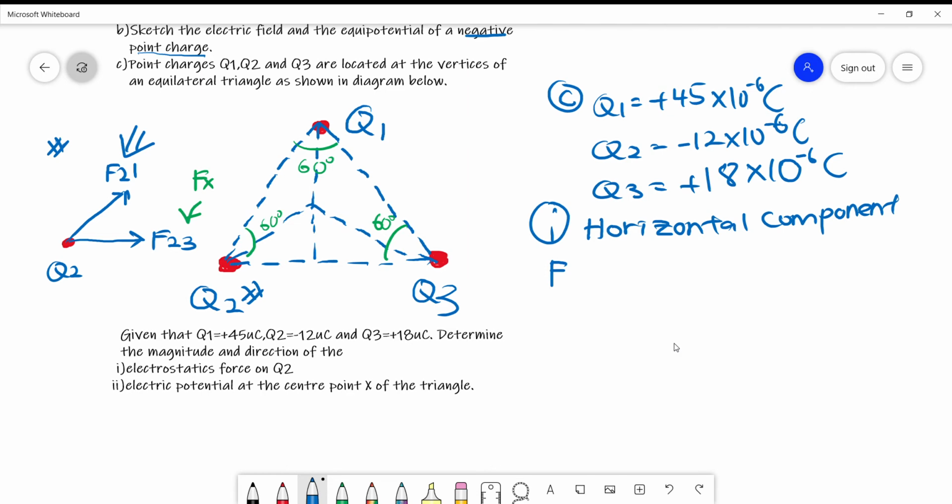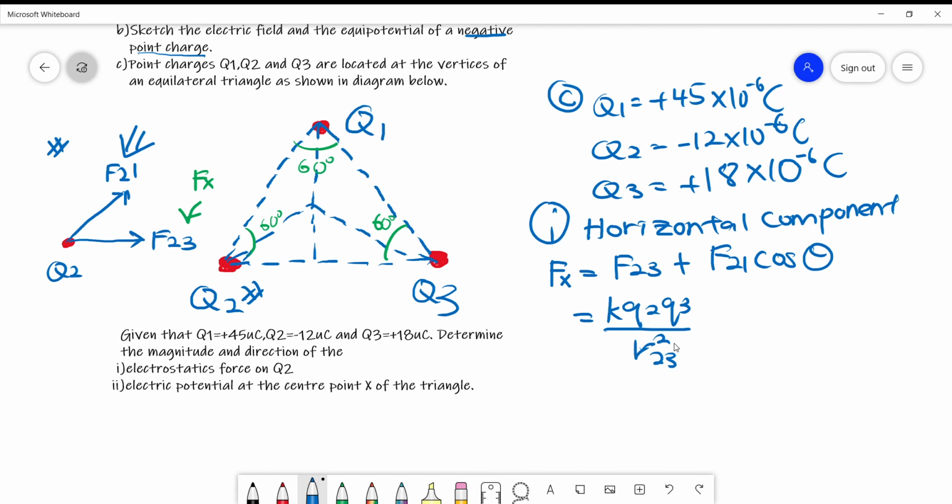The horizontal electrostatic force is F23 plus F21 cos theta. Our theta is 60 degrees. F23 will be k Q2 Q3 divided by R squared. So this is R23. Okay, the distance is not given.